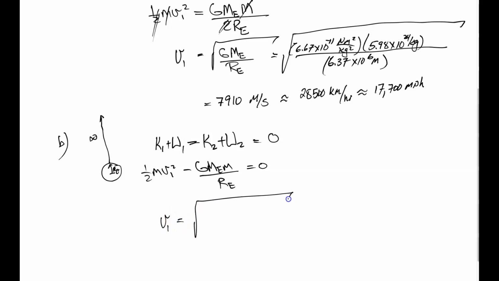And that leads to the velocity v1 equaling the square root of 2G, mass of Earth, over r sub e.